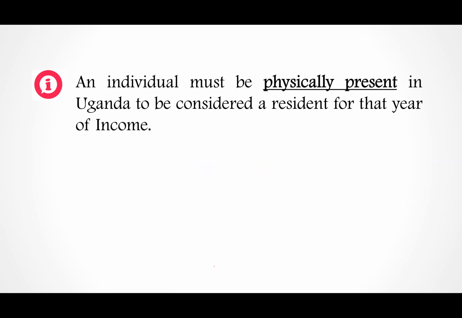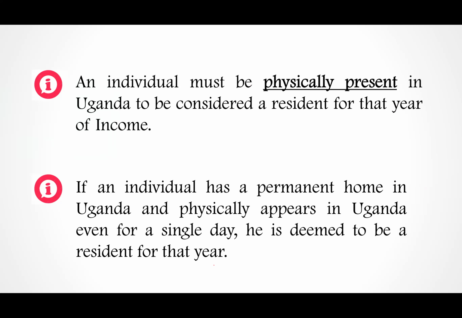And number 2, if an individual has a permanent home in Uganda and physically appears in Uganda, even for a single day, they are deemed to be resident for that year.